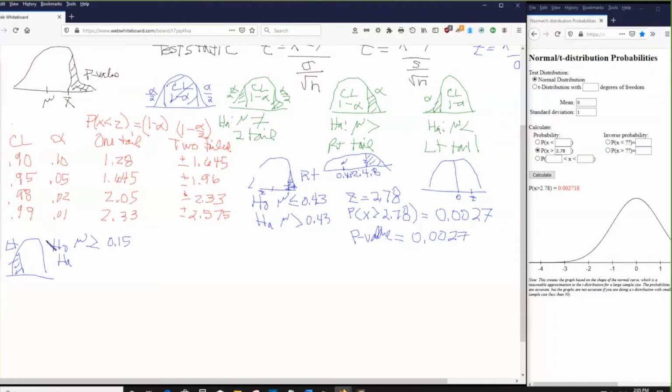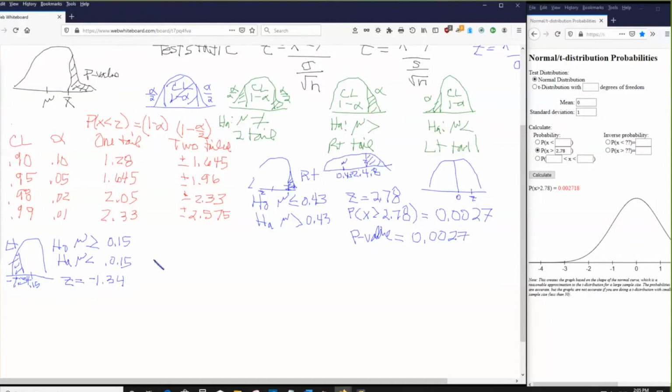With this one, our mean right here is 0.15. Our alternative says it's going to be less than 0.15. From the data, we're given an initial z-value. We're going to calculate a minus 1.34 as our z-value. And then we want to know the probability that that mean is going to be in that shaded area.